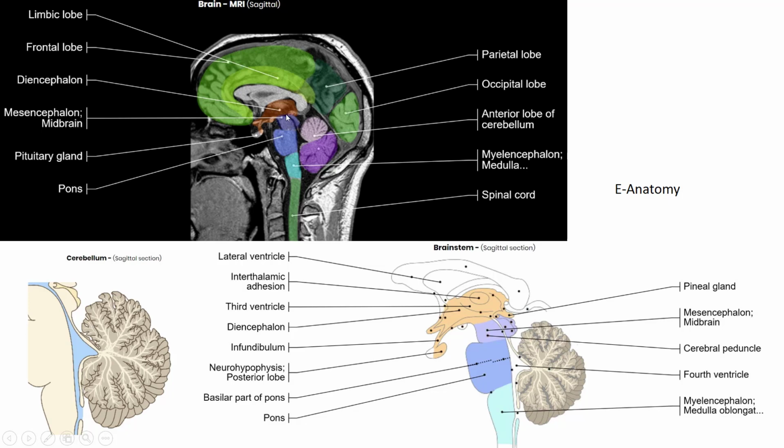As it goes down in between the cerebral peduncles and the tectal plate, it almost seems like it's just a dot on the axial images. It's so thin. And the tectal plate is also called the quadrigeminal plate, because it's made up of four colliculi. There are two superior and two inferior colliculi, and that's why it's called the quadrigeminal plate.